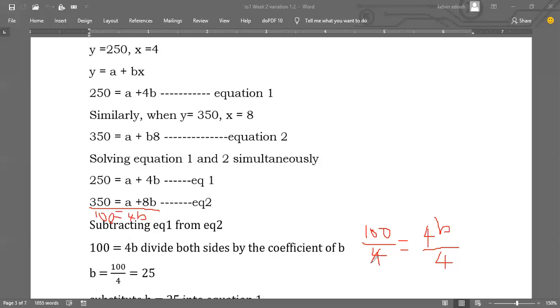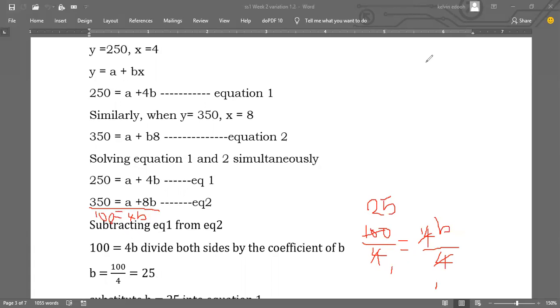So 4 into itself, 1; 4 into 100, that is 25. And 4 here, 1; 4 here, 1. 1 times b, you have b. So that means that b is equal to 25.